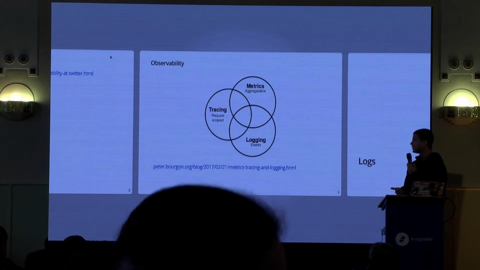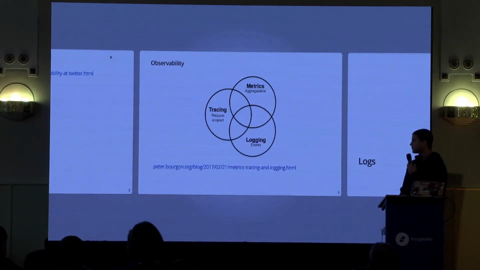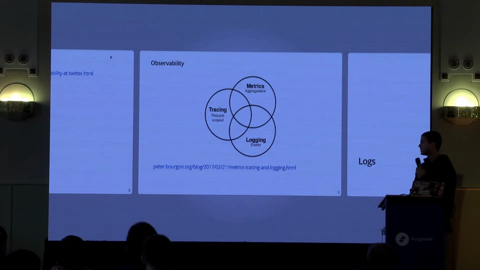We also have tracing, which is request scoped. So let's say that you upload something to Swarm, or you try to get something from Swarm. You're interested in your specific request to the network. And logging is similar to tracing, but in terms of events.